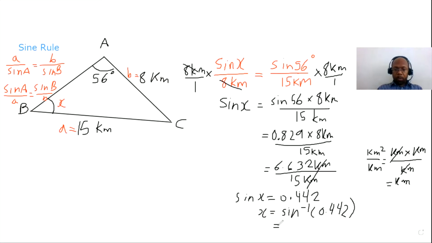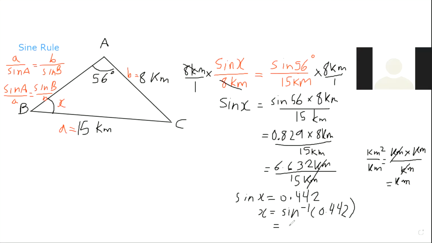For those with programmable calculators, you would hit the shift button, then sine, open bracket, type in 0.442, close bracket, and press the equal button to get your answer. What did you guys get? Round off to the nearest degree. Don't give me the decimal points, just the nearest degree.